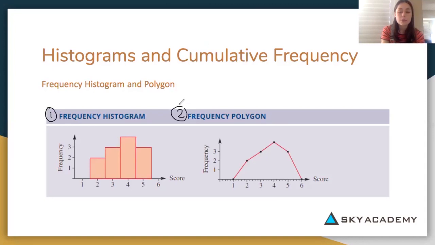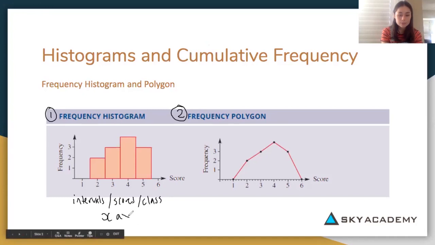So the frequency histogram is constructed using the equal intervals or scores or classes on the horizontal x-axis. So we have the class intervals, or scores, or class centers, on the horizontal x-axis.